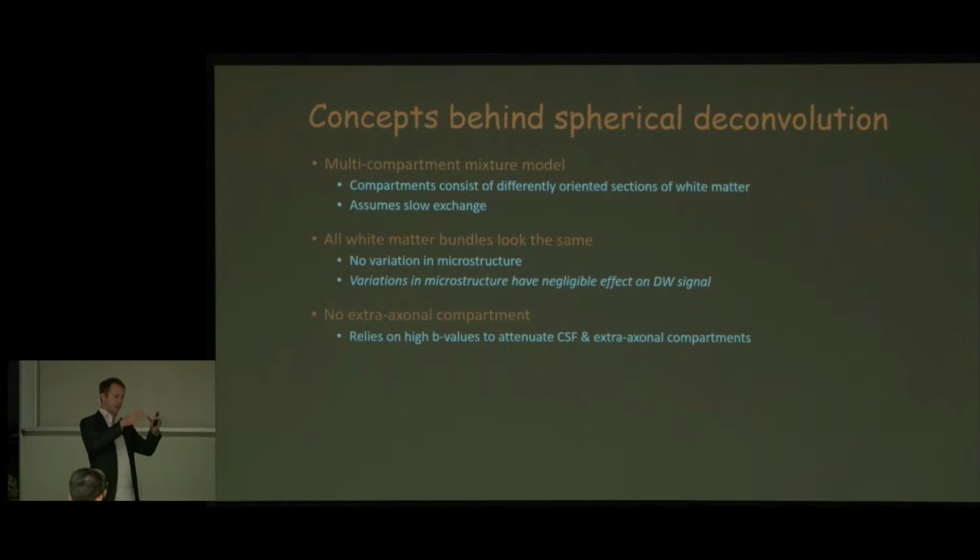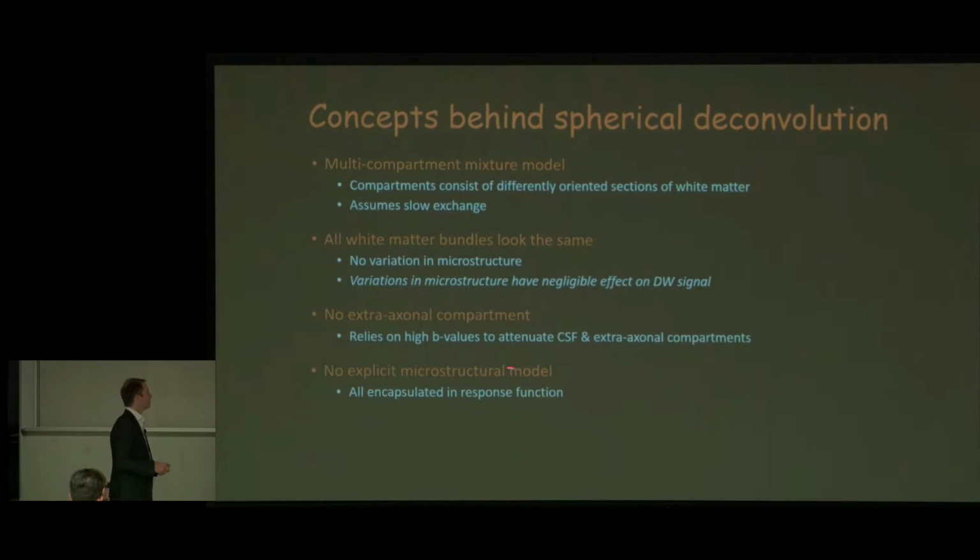I'm just saying I have a response that represents what a fiber bundle looks like, including all its other bits and pieces that go with it: the extra-axonal compartment, the cell bodies, everything is included in that response function. And then we just assume that that is relatively invariant across the brain.